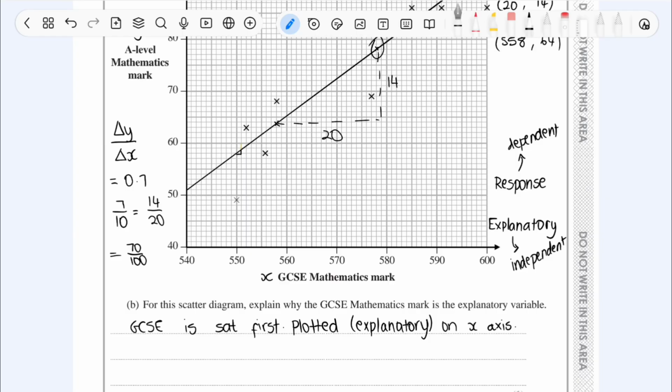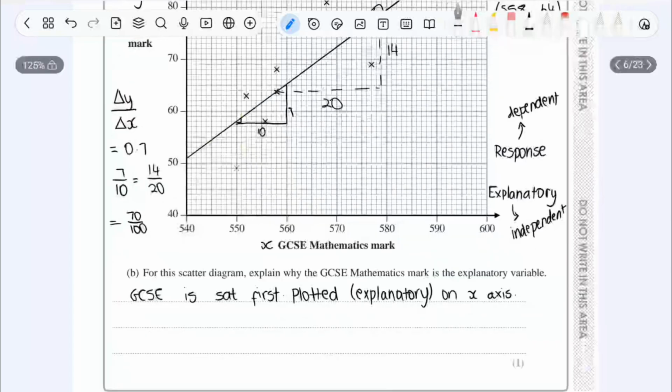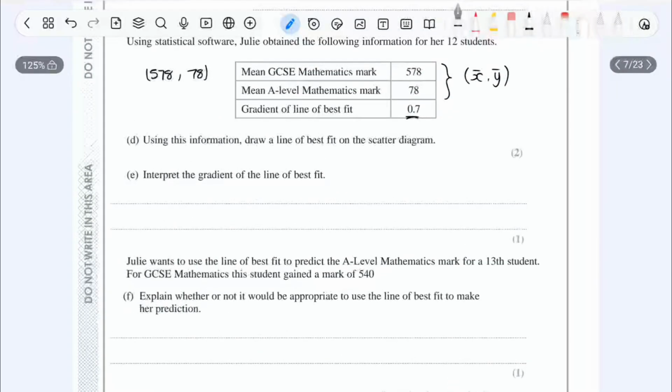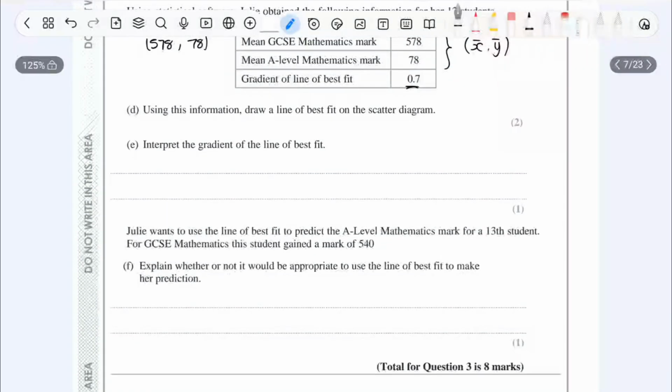If we extrapolate this a bit more, we can see that if we go across 10 marks, well, we get something roughly approximate to 7. So for every 10 we go up 7, and as you can see here, as we went 20 along, we went 14 up. So you can see that for each additional GCSE mark we get 0.7 additional A-level marks.